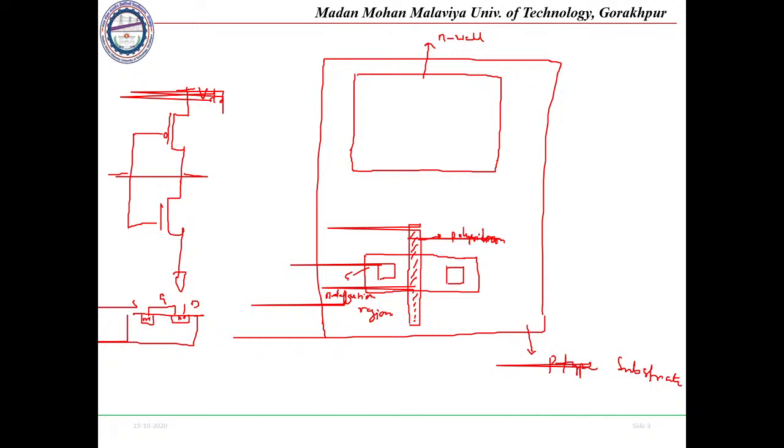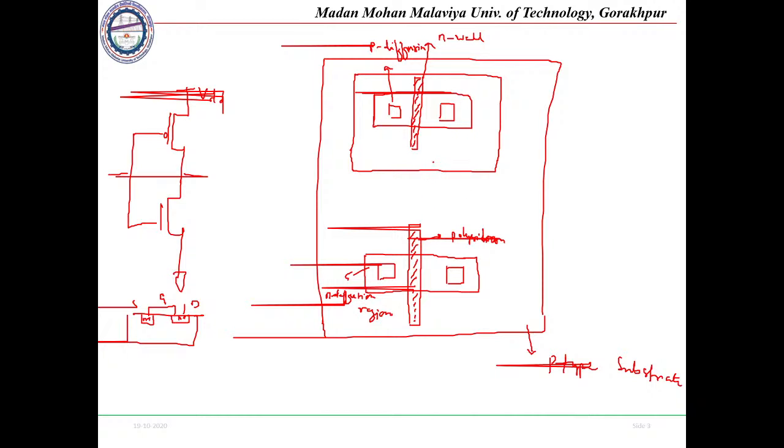In that N region, we will be depositing a P diffusion. Inside the P diffusion, we will be making this polysilicon layer for the gate terminal, and then we will be making the contacts. Okay. So this is how different layers are taking place.